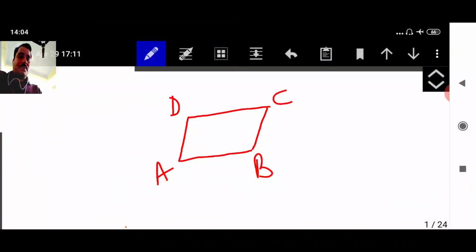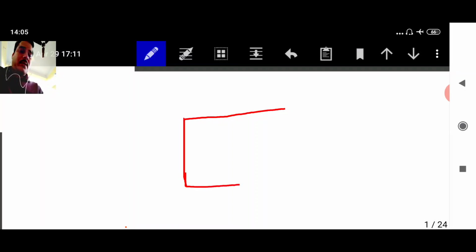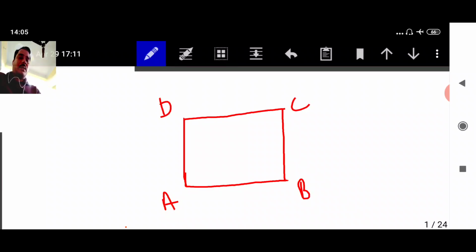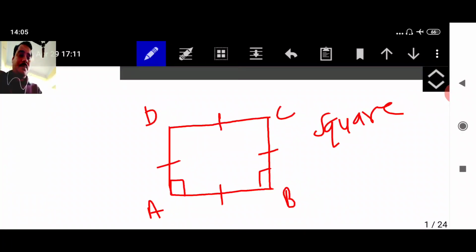Let us see here. If ABCD is a square, then AB equals BC equals CD equals AD. All sides are equal, all angles are 90 degrees.